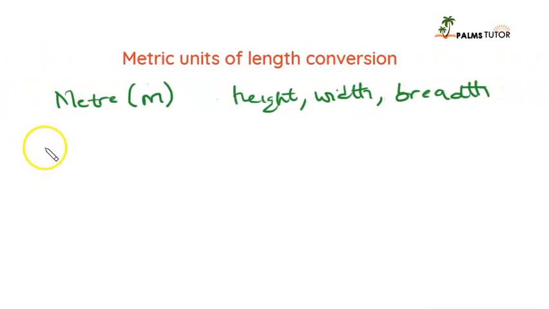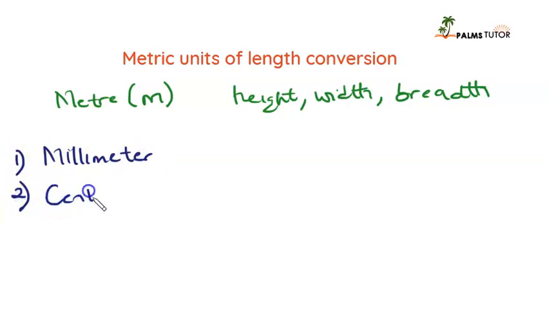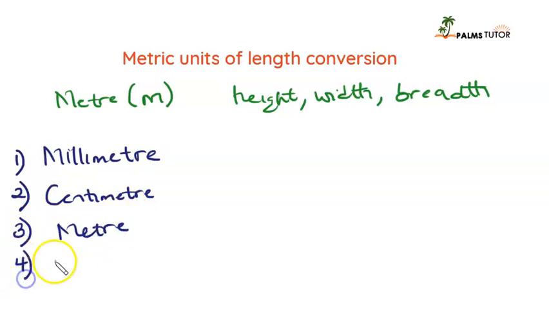One is the millimeter. We also have the centimeter. Pardon me, some people spell meter as E-R, but I think the usual spelling is R-E. And then we also have meter itself, right in between here, and then we have kilometer.